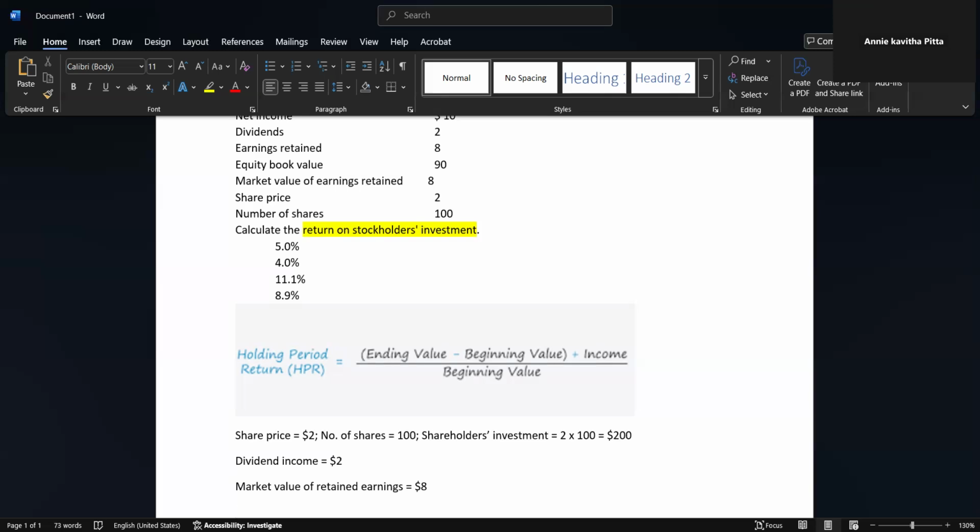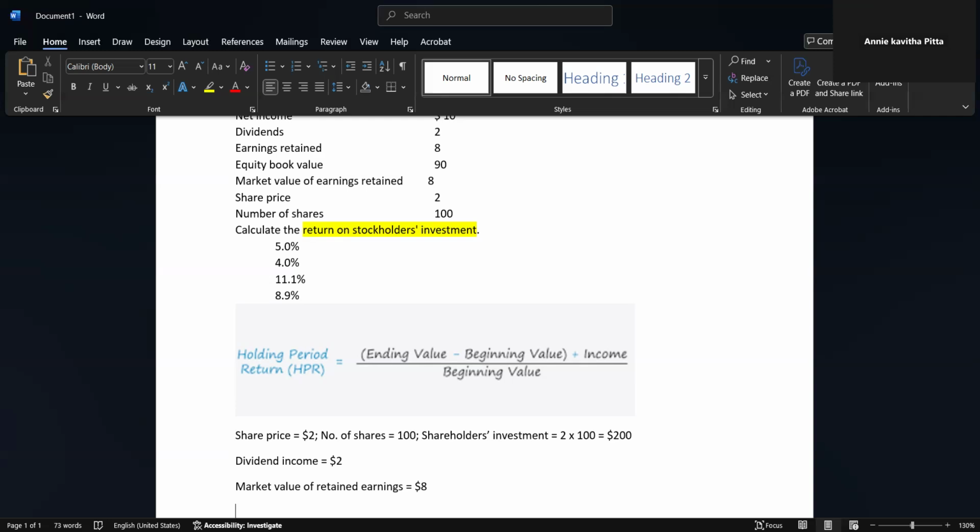So in the market, the value of those retained earnings now stands at $8, which is the shareholders' benefit, because they have allowed the profits to be retained in the business.